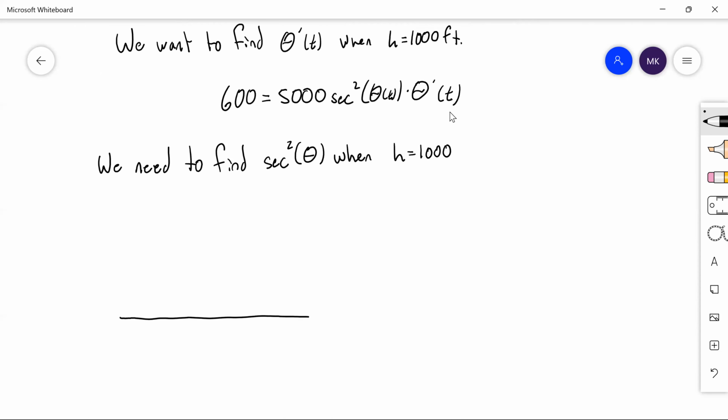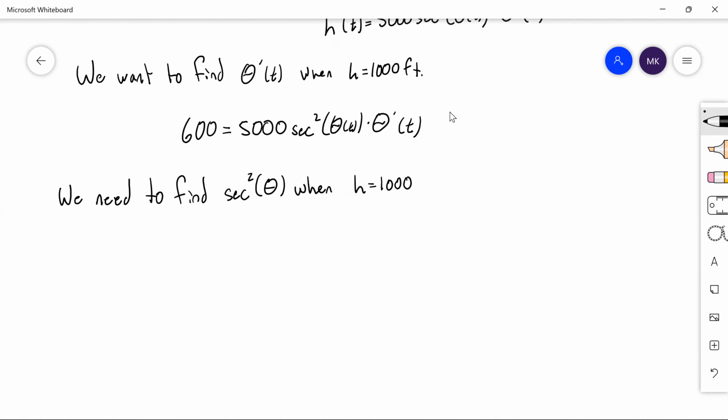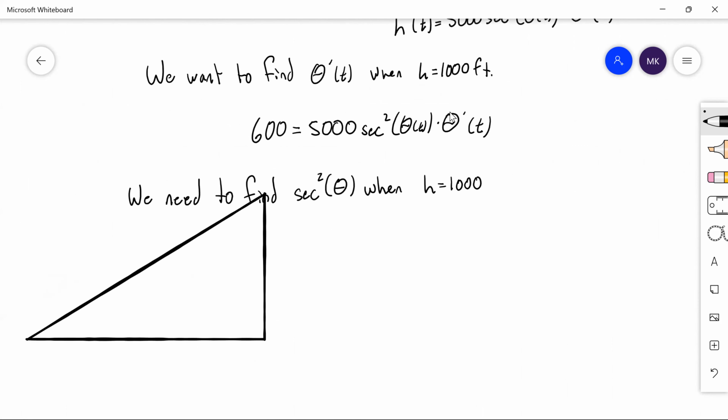So I'm going to draw my triangle again. Copy. Paste.